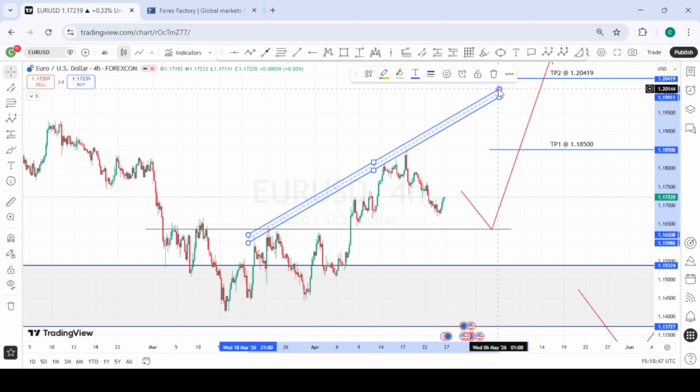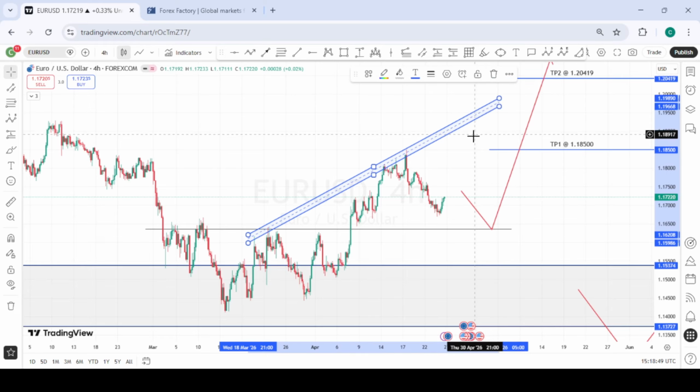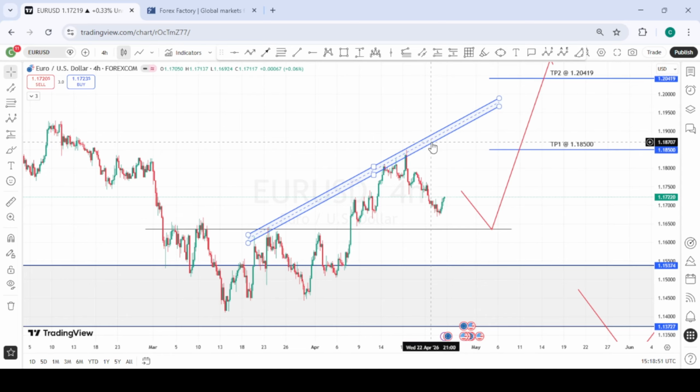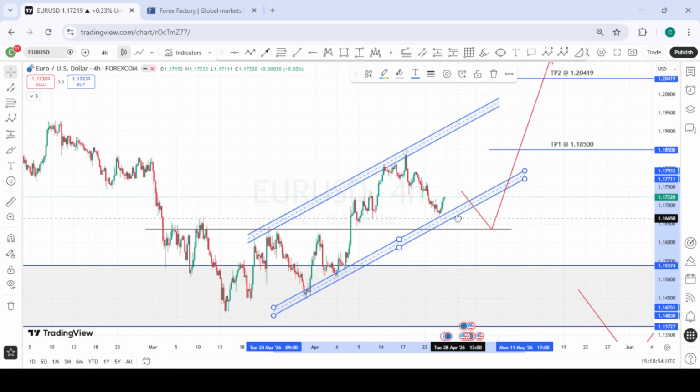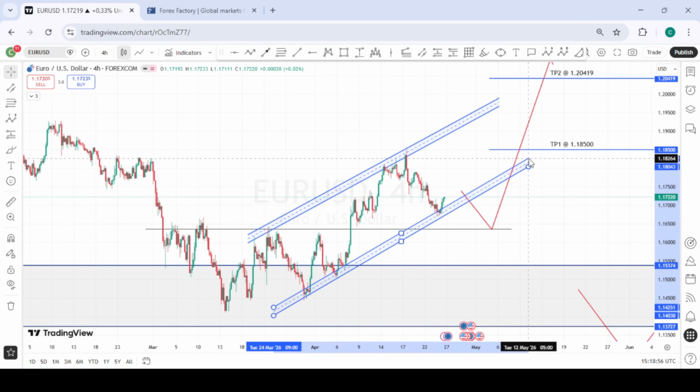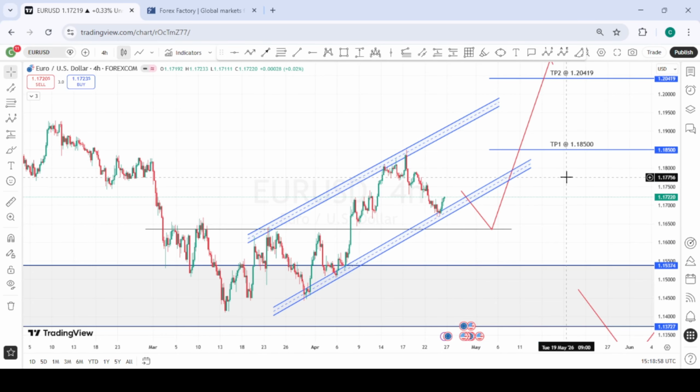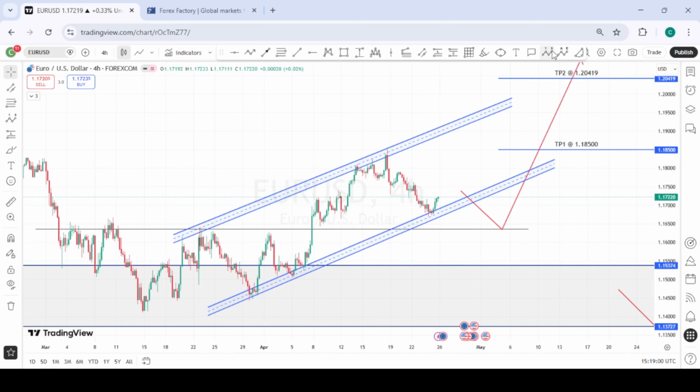So this is a possible leading diagonal, something like this. So this would be our wave 4.